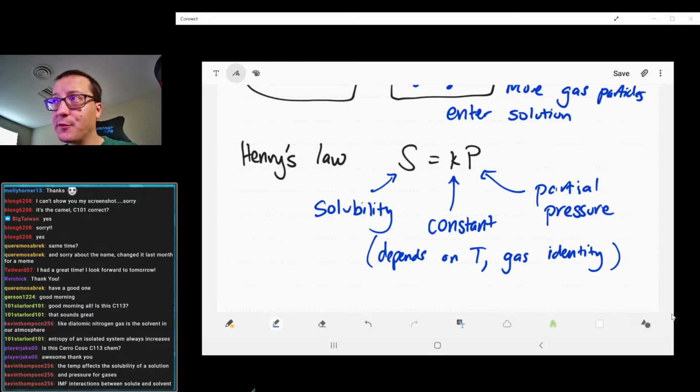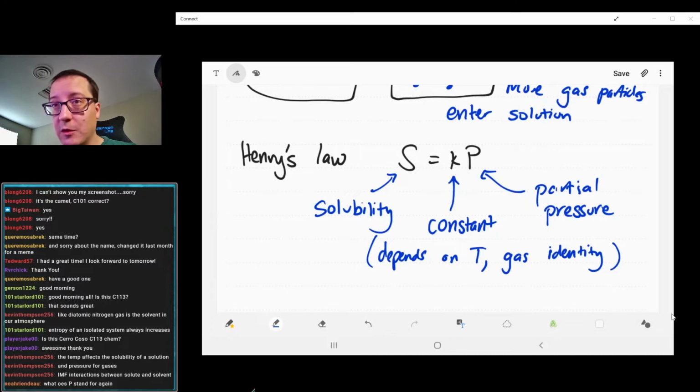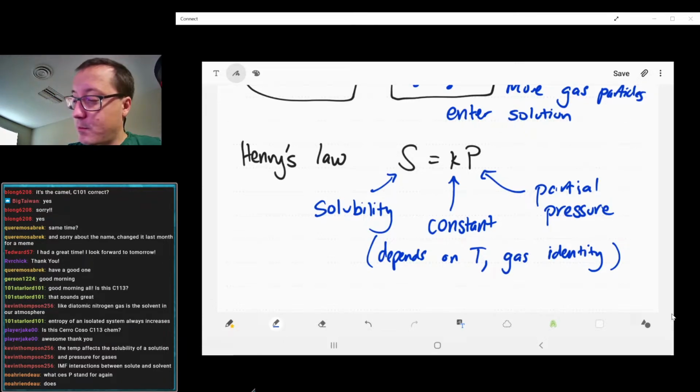Any questions so far? So what you need to know for this is just these relationships. So P is pressure. Sorry, it's partial pressure. I'll make this neater. So when we're looking at the pressure of one gas, we call it the partial pressure, right?